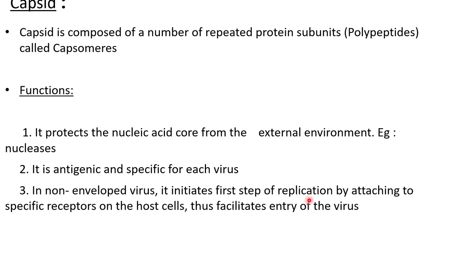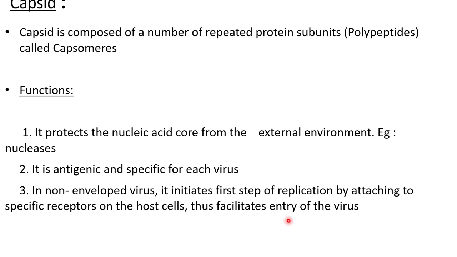It helps in attachment of the virus to the specific receptor on the host cell, which facilitates the entry of the virus. The virus has to invade the host cell, right? If the virus is non-enveloped, then the capsid plays an important role in attachment to the host cell receptors. Thus, it helps in invading the host cell.